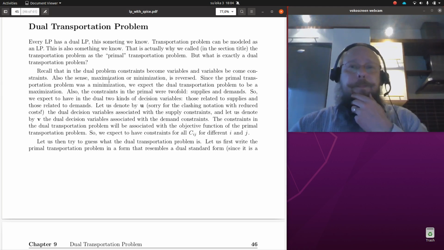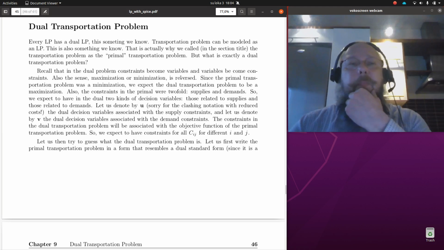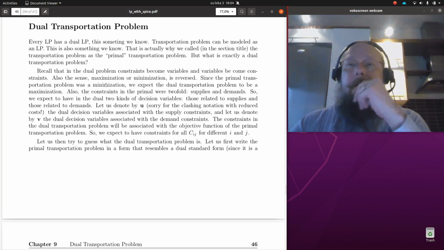The sense, whether it's a maximization or minimization, is reversed. Now if you remember, the primal transportation problem was a minimization. We want to minimize transportation cost. So we expect the dual transportation problem to be a maximization.